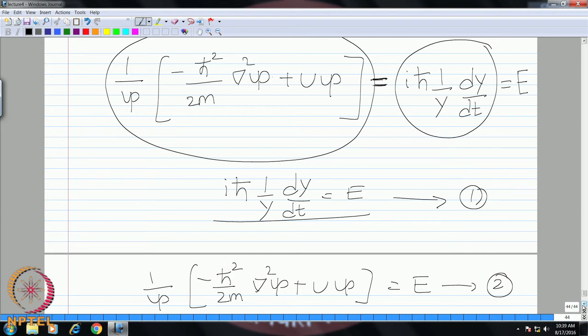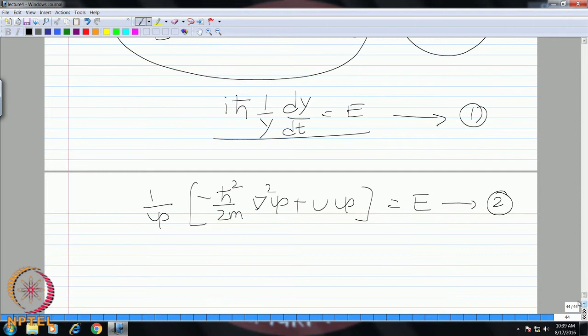So, what is the solution to ODE 1? That is a simple first order ODE. So, y of t should be some constant C1, let us say. Now, this will be an exponential function, right. So, you can say dy by y is equal to E dt, and if you integrate it, you have ln of y is equal to E t plus some constant.